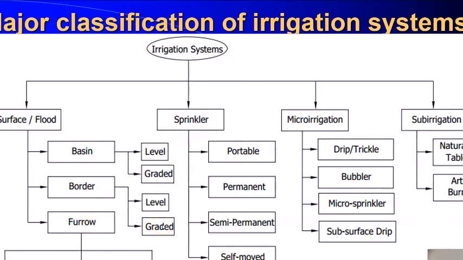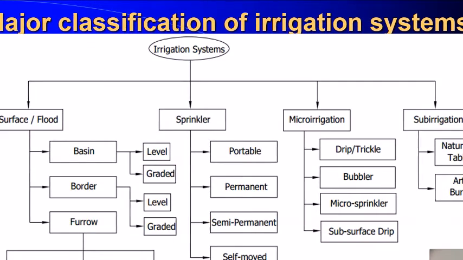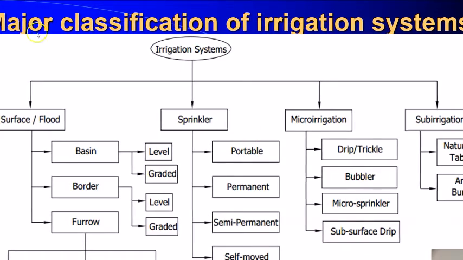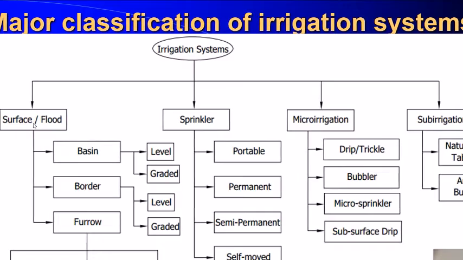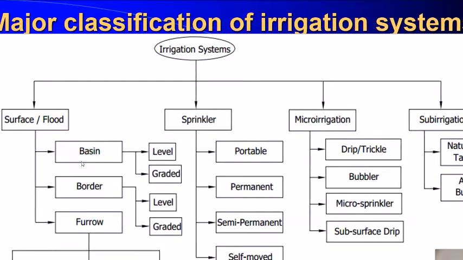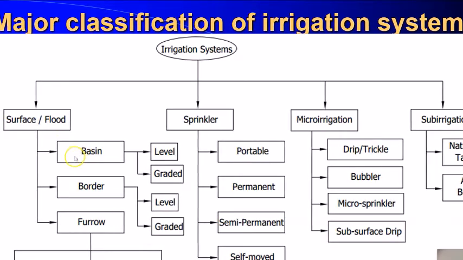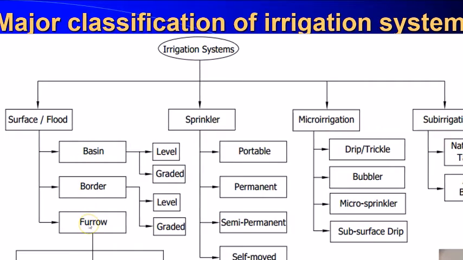Now, let's look at the schematic diagram of the irrigation systems. We have surface flooding, and under surface flooding there are primarily three types: basin, border, and furrow.